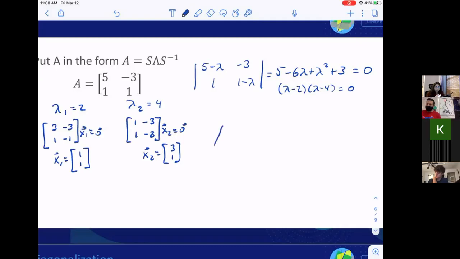And then for A, our first matrix is just the columns are the eigenvectors. So my columns would be 1, 1, 3, 1. My next one is just the eigenvalues on the diagonal of a diagonal matrix. So 2, 0, 0, 4.